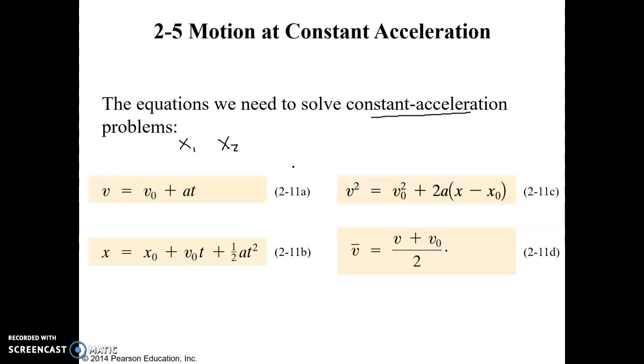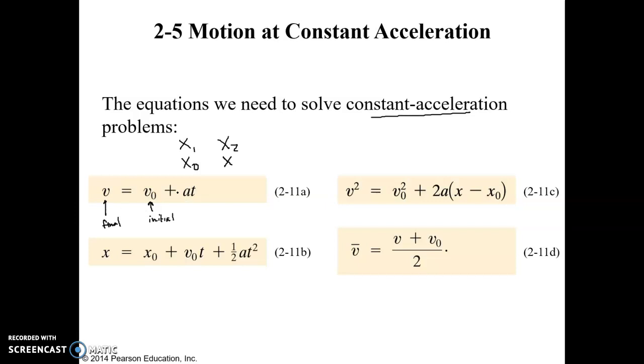We're going to transition now to, instead of using a subscript of 1 and 2, we're going to start to use a subscript of 0 or naught, and no subscript. So for instance, in this formula here, velocity with no subscript is the final velocity, and velocity with a 0 or naught subscript is the initial.